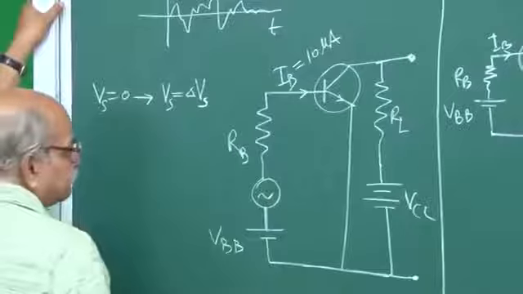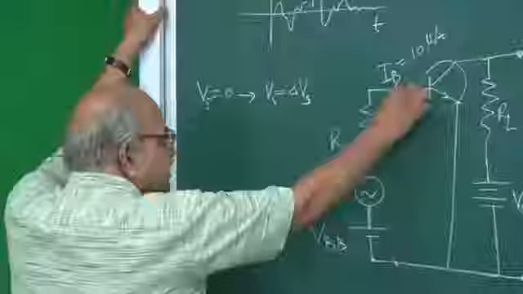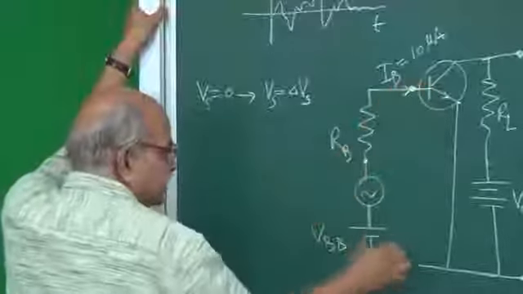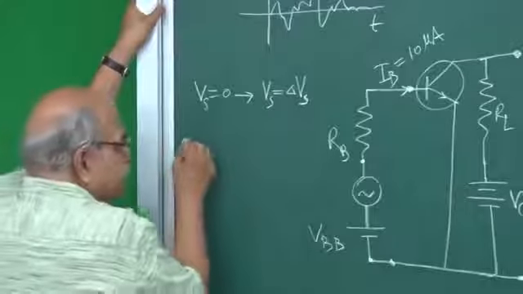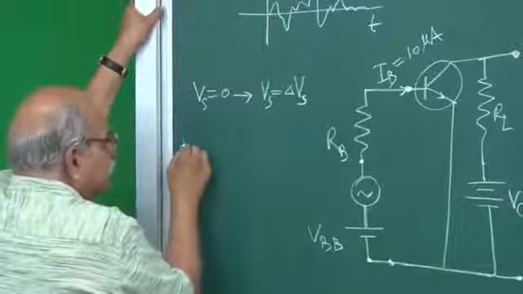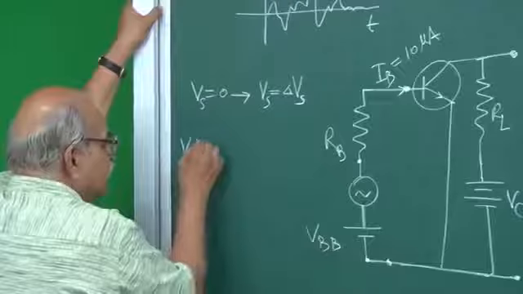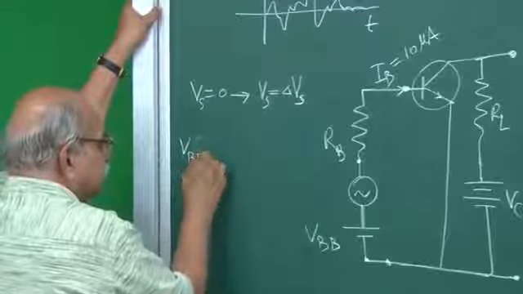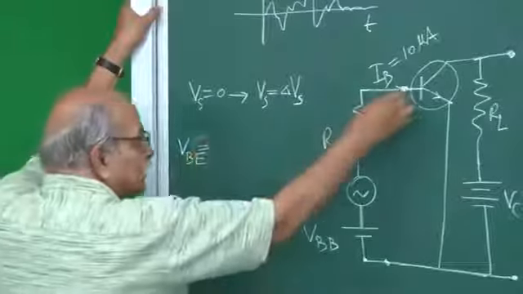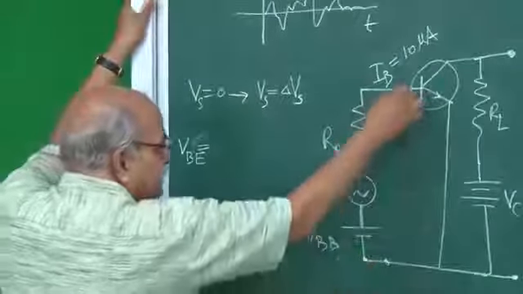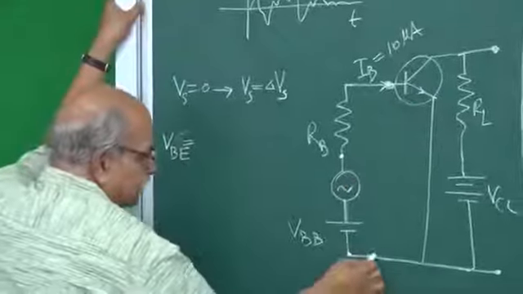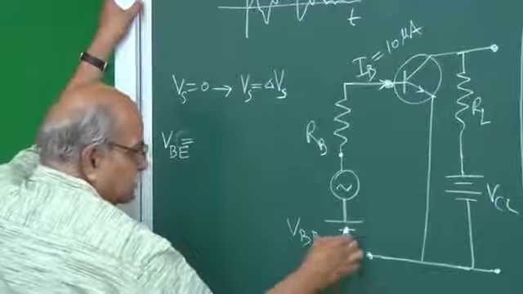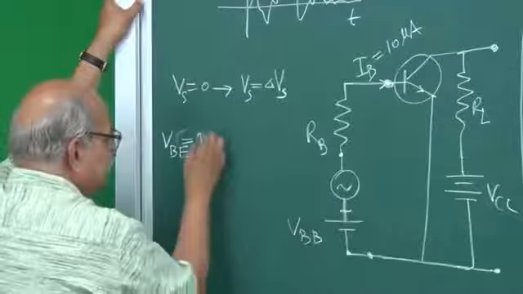And if you write the equation from this point to this point, this is VBE. So let me write VBE equal to. I am trying to write VBE, this voltage. What is this voltage? Here this is 0, and here it is VBB.